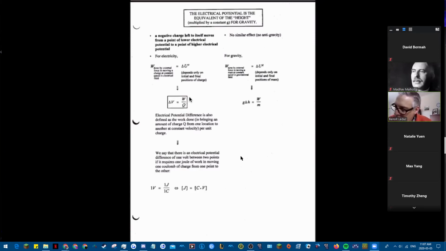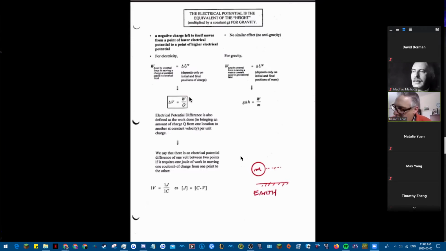All right, so let's pretend here, I didn't mention this before, that you have a certain mass, a little mass here. That's the Earth here.